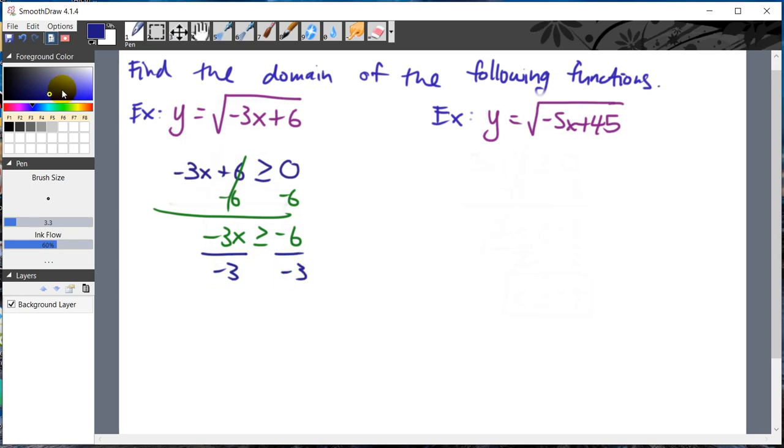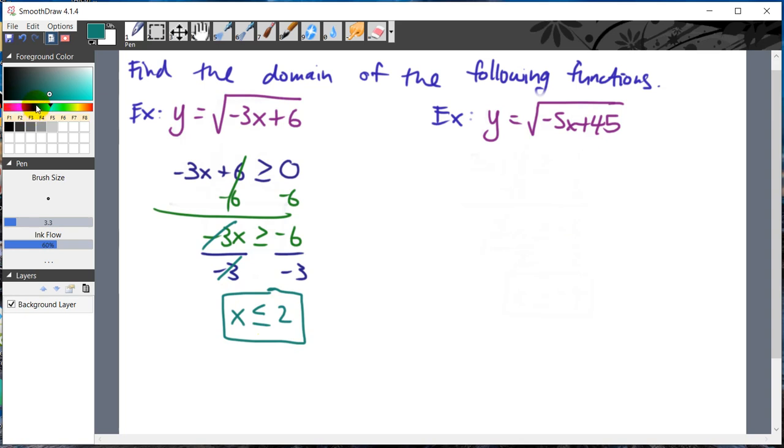Recall what we went over with inequalities before: anytime you divide by a negative, guess what we've got to do with this sign? We've got to flip it. So x is less than or equal to negative 6 divided by negative 3, which is positive 2.